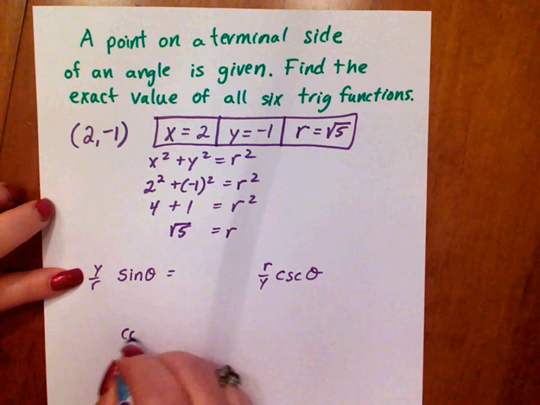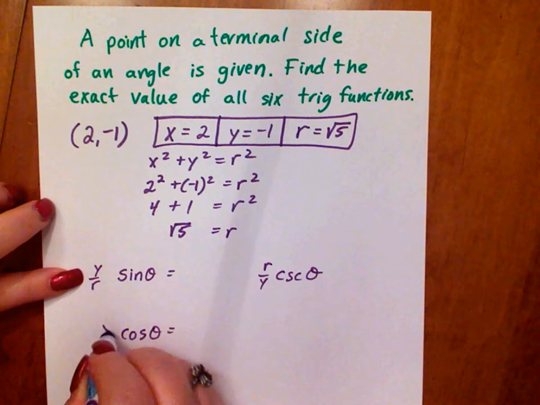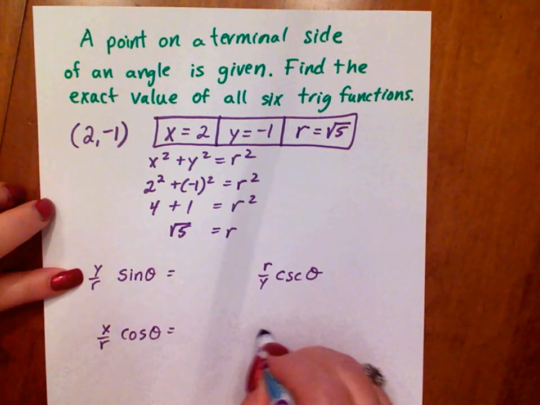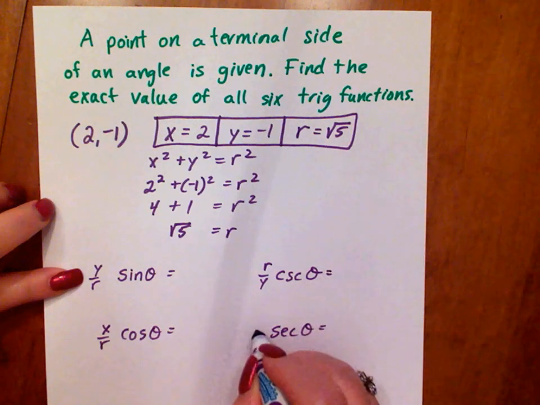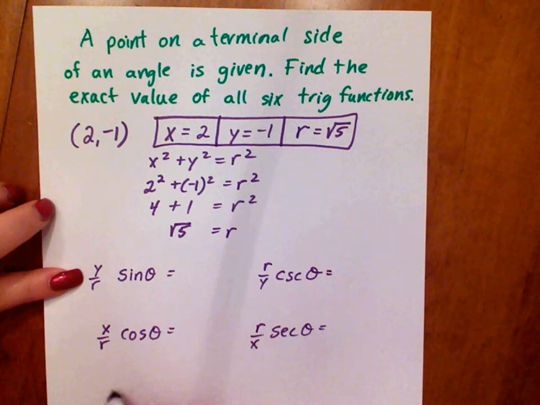Then we have cosine of theta, which would be x over r, and its reciprocal function is the secant of theta, and that would be r over x. Then we have tangent of theta, and that would be y over x, and we have cotangent of theta, which will be x over y.